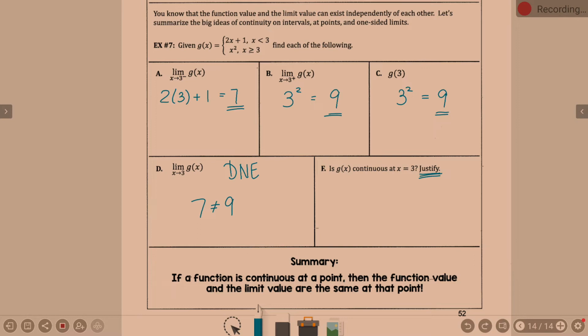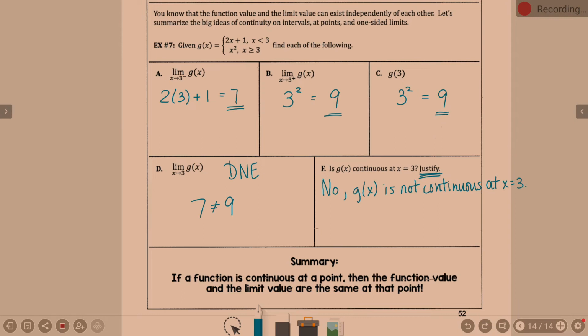So, is it continuous? I wrote it. That's what you said, right? Yeah. Okay. No, it's not continuous, so I'm going to say no. G of x is not continuous at x equals 3.